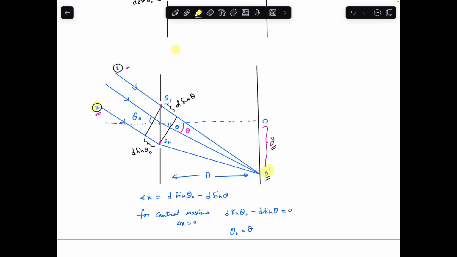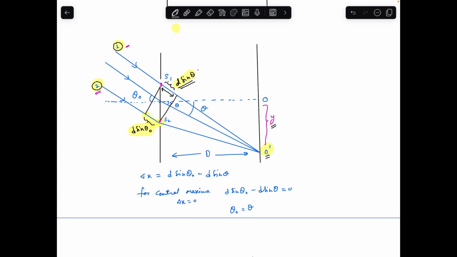You can see that this light ray 2 travels extra path of d sine theta naught. Now if this O dash makes an angle of theta, then the extra path travelled by ray 1 when it is coming out of the slit is d sine theta, which I have shown here. So this is the extra path travelled by ray 1.